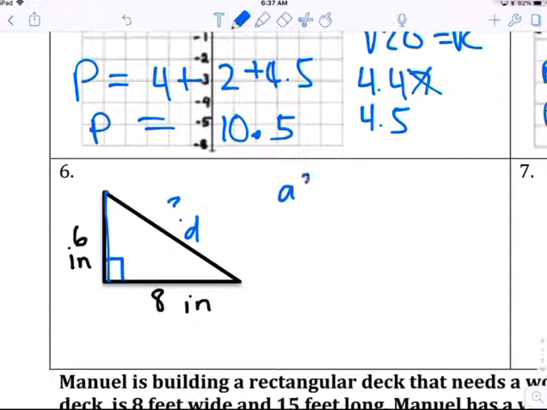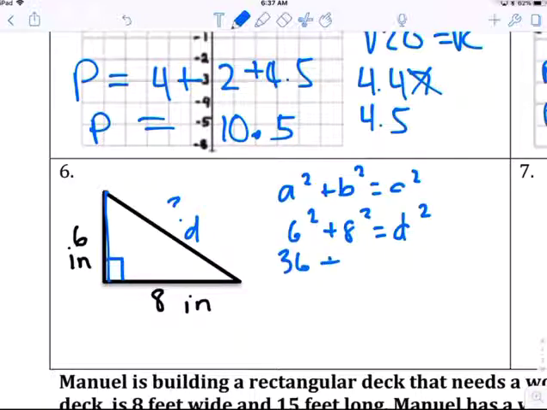So A squared plus B squared equals C squared. 6 squared plus 8 squared equals diagonal squared. 36 plus 64 equals the diagonal squared. Again, diagonal is always C. 100 equals D squared.